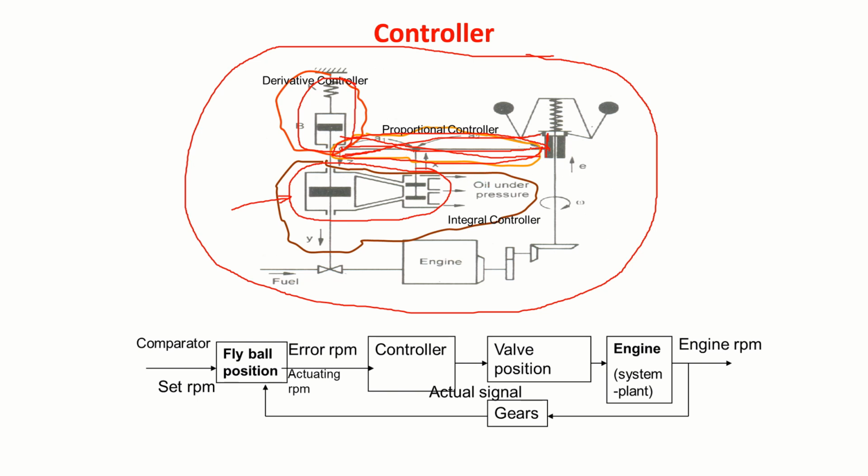So in this system you have a proportional, integral and derivative controller. This controller in turn operates the valve. Accordingly, the engine speed increases or decreases. So let us understand clearly what we mean by proportional controller, integral controller and derivative controller.